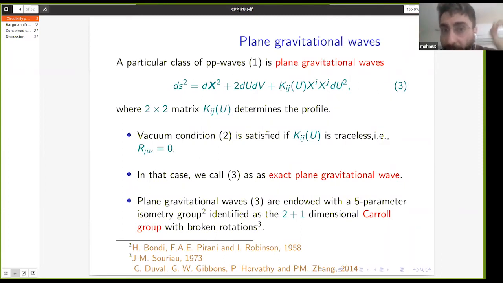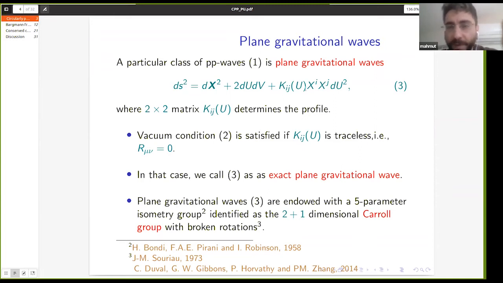Let's take a particular class of pp-waves, where this H is quadratic in x. Here, it is quadratic, right? And the remaining part of the profile is just this K_ij. So this K_ij is a part of the metric, and it determines the physics, more or less.